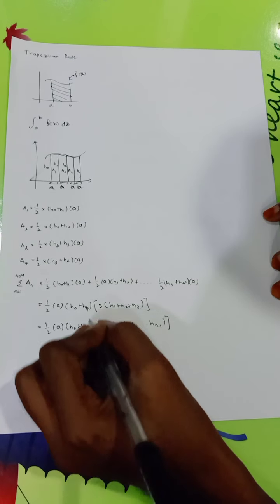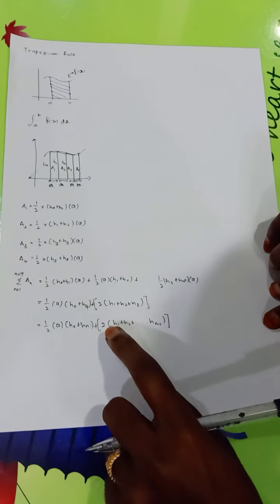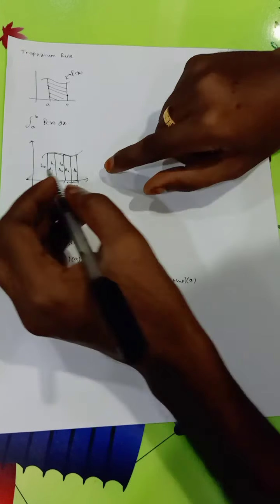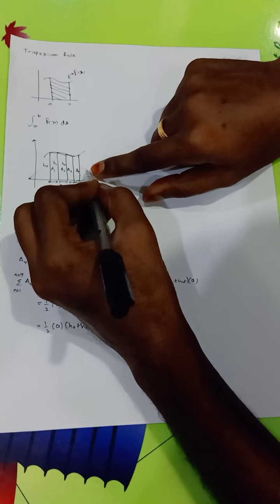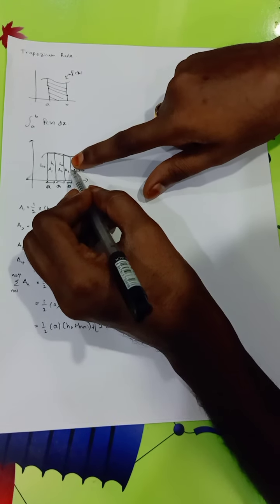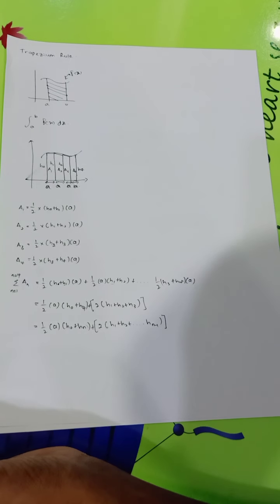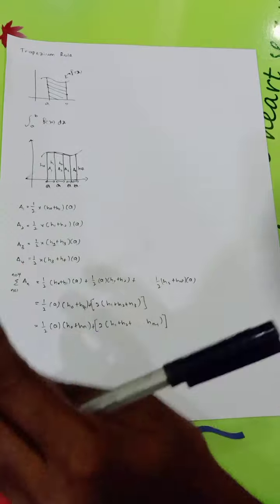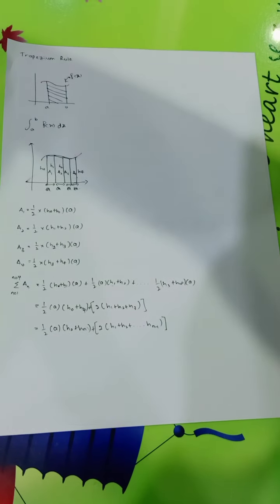Sorry, here will be plus. So this will be the general formula. Why do I put Hn minus 1? For example here, this is my H4, so Hn minus 1 will be H3. It depends on how many strips we are going to use to calculate the area.